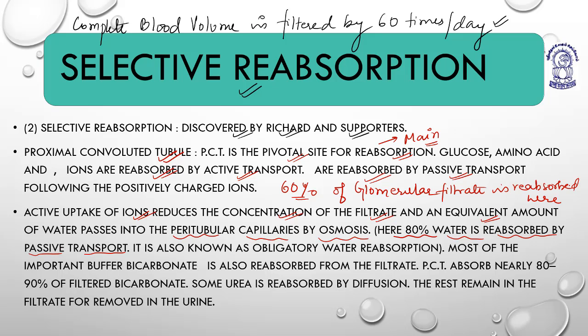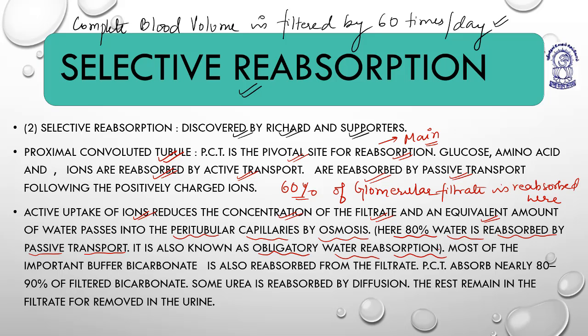Water, Na+, Cl-, bicarbonate ions, glucose, vitamin C, amino acids, potassium ions, and a little urea and uric acid are reabsorbed. The active uptake of ions reduces the concentration of the filtrate, and an equivalent amount of water passes into the peritubular capillaries by osmosis. Eighty percent of water is absorbed by passive transport. It is also known as obligatory water reabsorption.